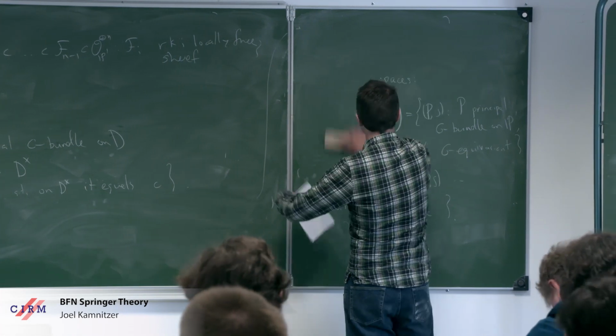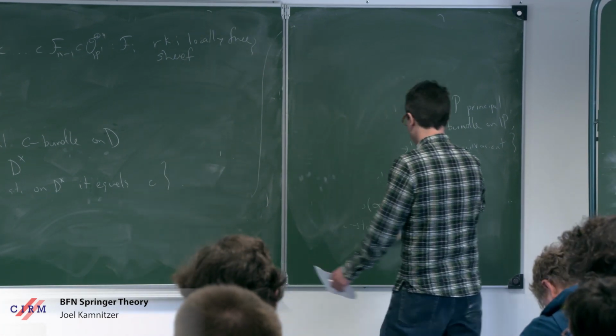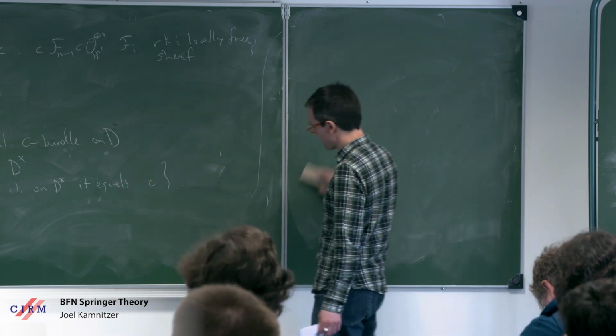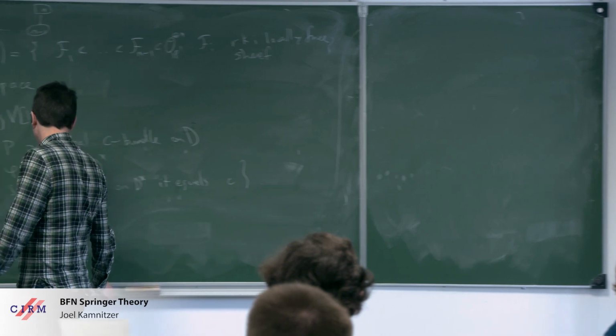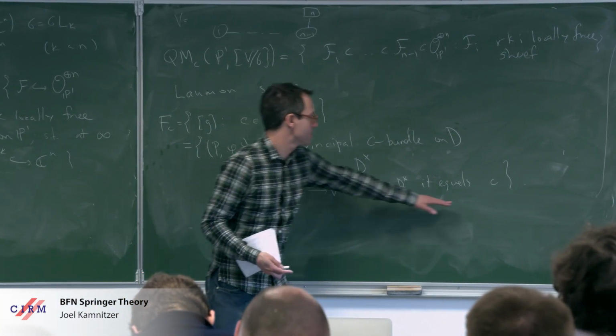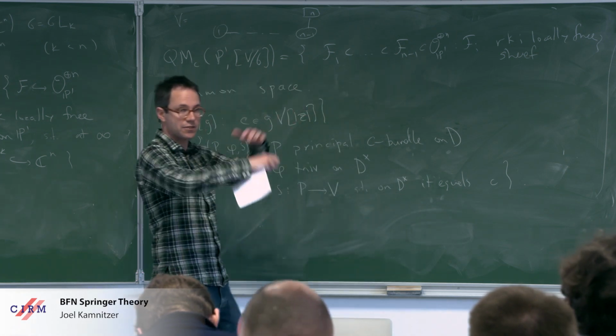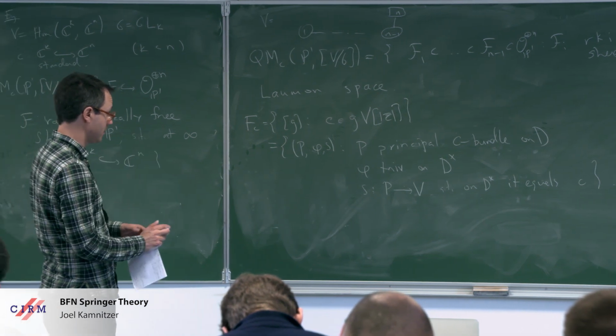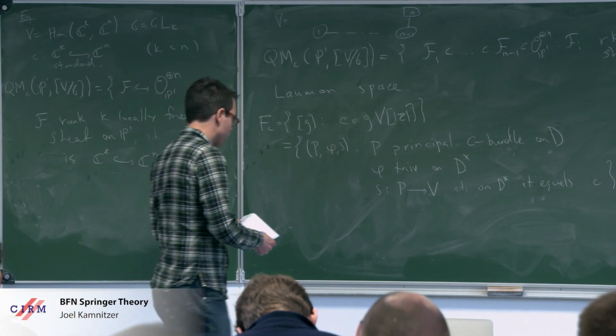And in the usual way, if we have a principal G bundle on the disk trivialized away from the origin, we can extend it to a principal G bundle on P1. And then, because this section is just equal to C on this punctured disk, it will just extend to a section on all of that principal G bundle.